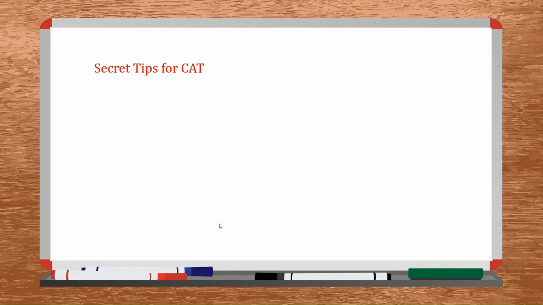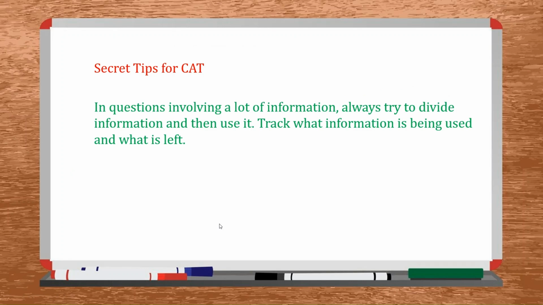So what have we learned from this particular problem, which will help us in CAT? First thing is, whenever you read a question which is very heavy on information, always try to divide the information first and then only try to use it. Because the way we differentiated the information in the three colors, red, green, and blue, helped us prioritize what particular information we will be solving for first.